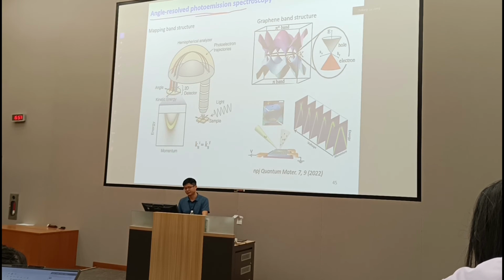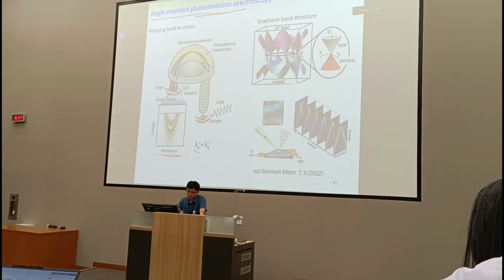But in ARPES, in addition to energy, we also analyze momentum. Electrons, as particles, carry energy and carry momentum. The momentum is associated with the band structure in K space. So you have energy conservation and momentum conservation between the incoming electrons, before incidence, and the final state.